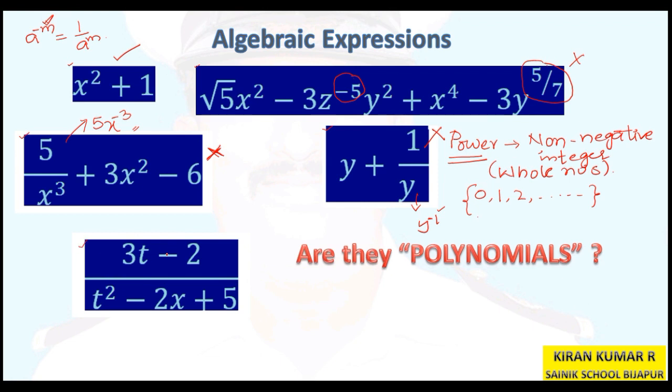Look at the last example here. 3t minus 2 divided by t square minus 2x plus 5. In the numerator, we have got the degree of the expression as 1, and in the denominator, the degree is 2.